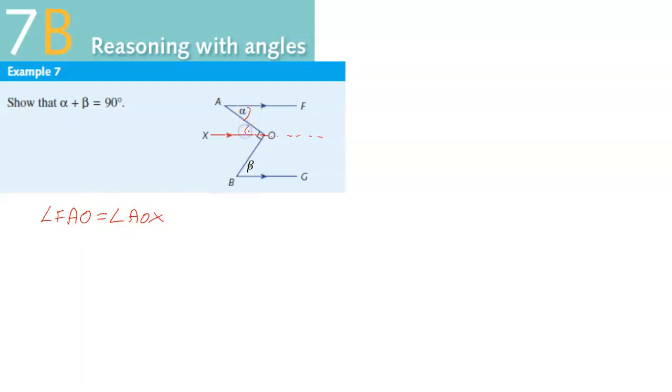That's these two, because they are alternate angles in parallel lines. So I can say that angle AOX equals alpha.